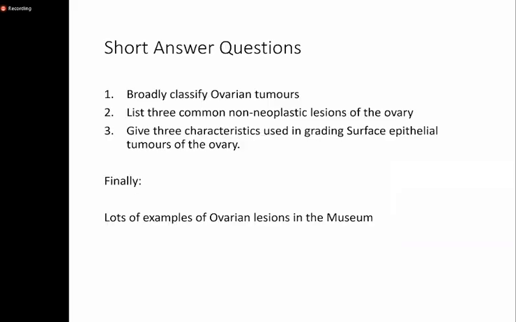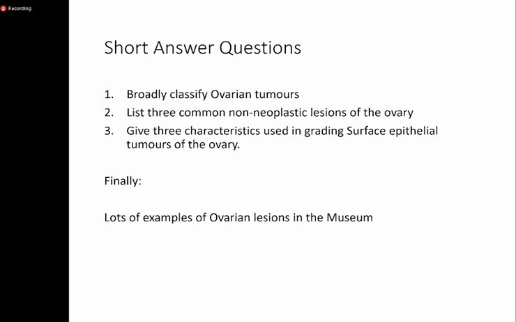So I gave you short answer questions, examples. One is to broadly classify ovarian tumors, which by now you should be able to do. From our learning objectives, we should also be able to describe some examples of non-neoplastic lesions of the ovary. So that's covered in question number 2, list 3 common non-neoplastic lesions of the ovary.